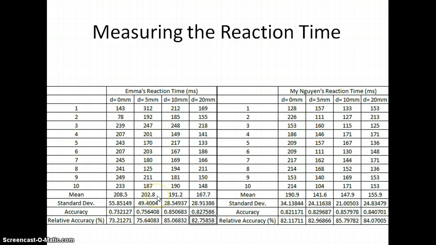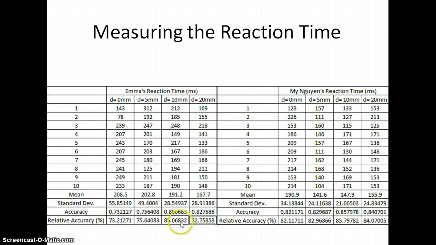So the average reaction time of this strip is 202.8 milliseconds, and her standard deviation is 49.4. It's still high, but the relative accuracy is 75.6, which has improved compared to the last time using the D equals 0 millimeter.